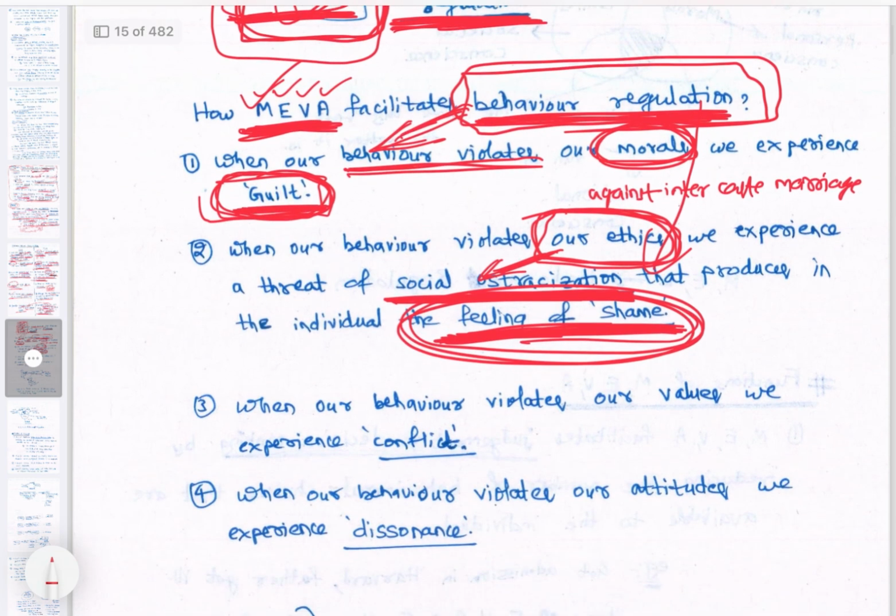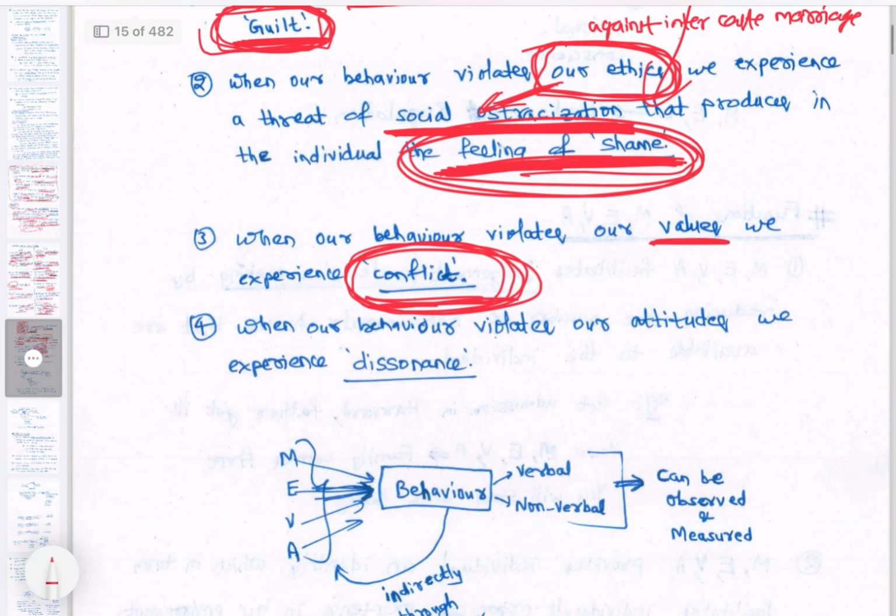When our behavior violates our values, we experience conflict. If our behavior is against our values of gender equality, then you will face conflict within yourself, right? When our behavior violates our attitudes, we experience dissonance.